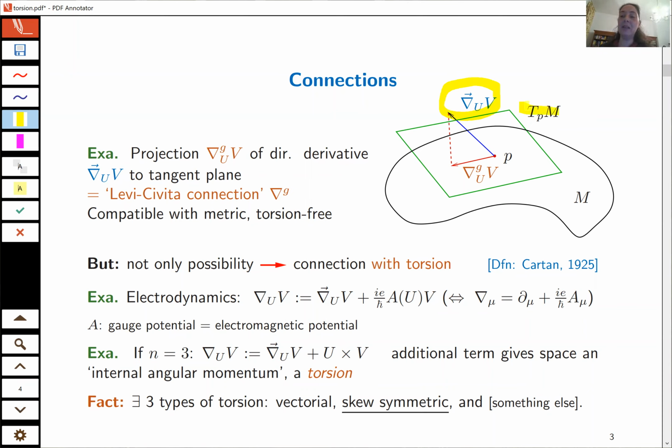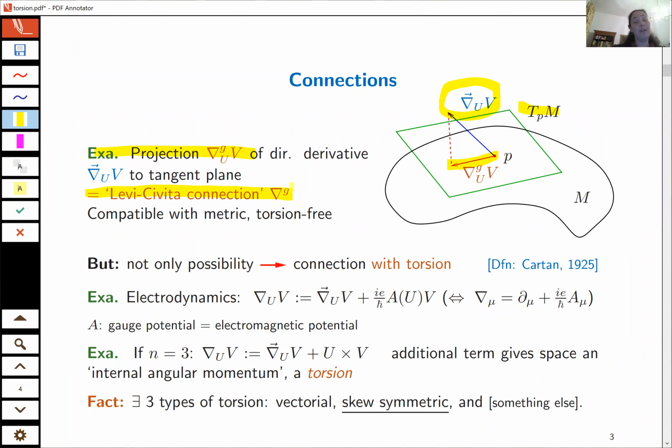And so looking at some tangent space, TPM of my manifold, one brutal but efficient way of getting a connection is to just force this to lie in the tangent space. That is, we project down the directional derivative as we learned it in calculus to the tangent space. And this projection turns out to have all the properties that we would like to have, and therefore it is a connection. This connection is indeed the Levi-Civita connection.